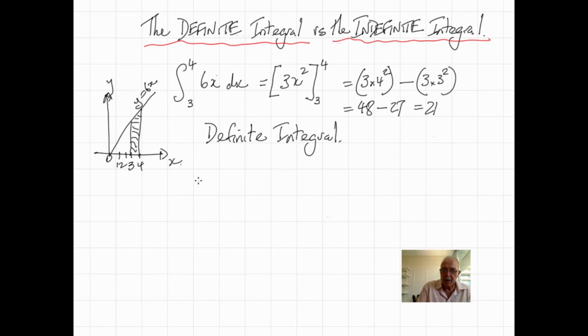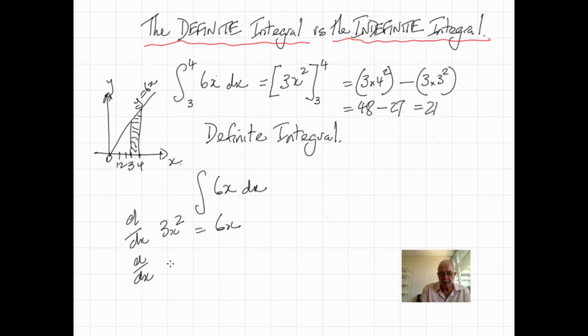Which is a different question than if you're just asked, what is the integral of 6x dx? Now, if you're asked that, where you're not given a lower bound and upper bound, how many answers could there be? How many antiderivatives are there of 6x? Well, if I find the derivative with respect to x of 3x squared, I get 6x.